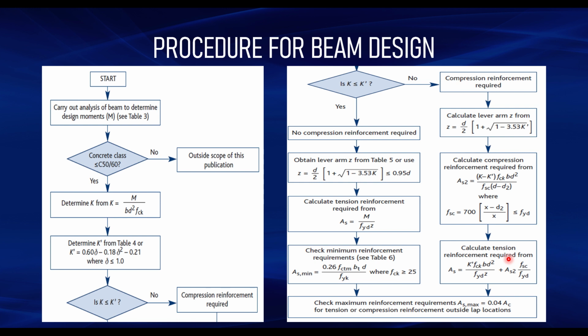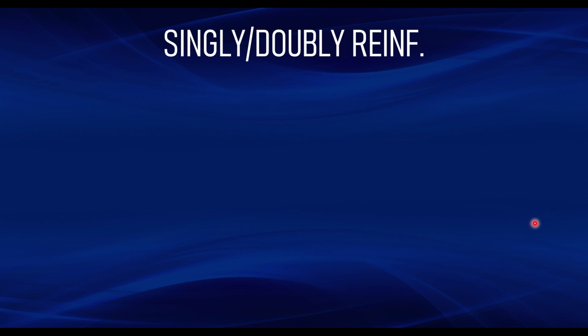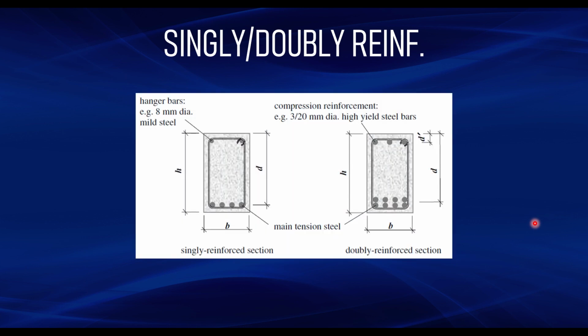Before we take a couple of examples, let me discuss a little about singly reinforced and doubly reinforced beams. This diagram represents a singly reinforced section and a doubly reinforced section. In a singly reinforced section, the beam is subjected to tension only.